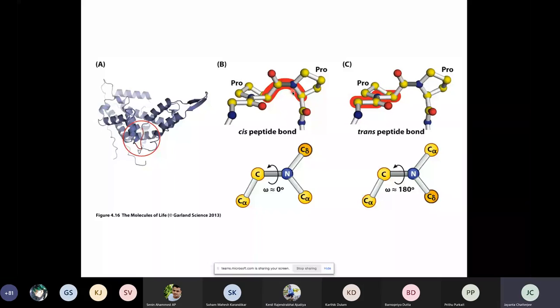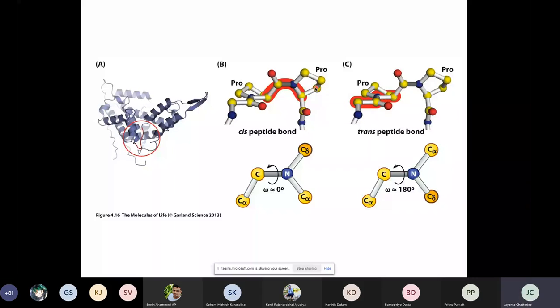Why do you say so? To maintain the non-planarity of the ring. But see, if the nitrogen becomes sp2 hybridized, the ring can still be non-planar, because you're not altering the sp3 hybridized state of these carbons.